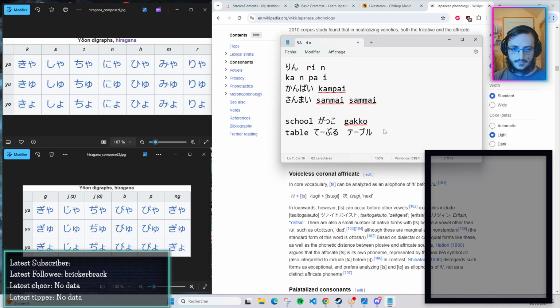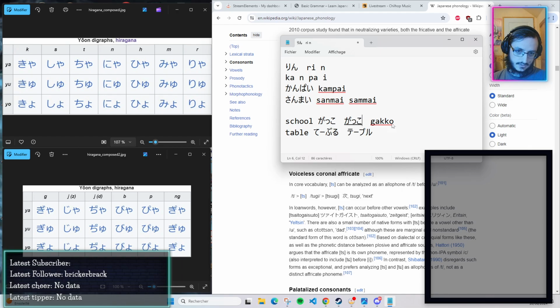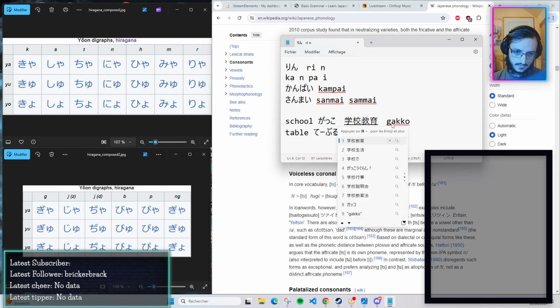For gakko, the little tsu is different in katakana, because the tsu in katakana is different. It's gakko. If I try to find a katakana way, it would be like that.